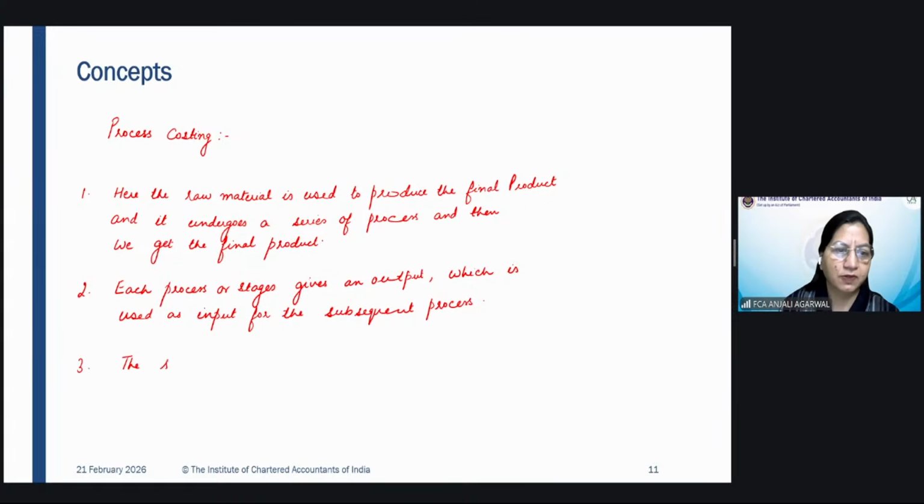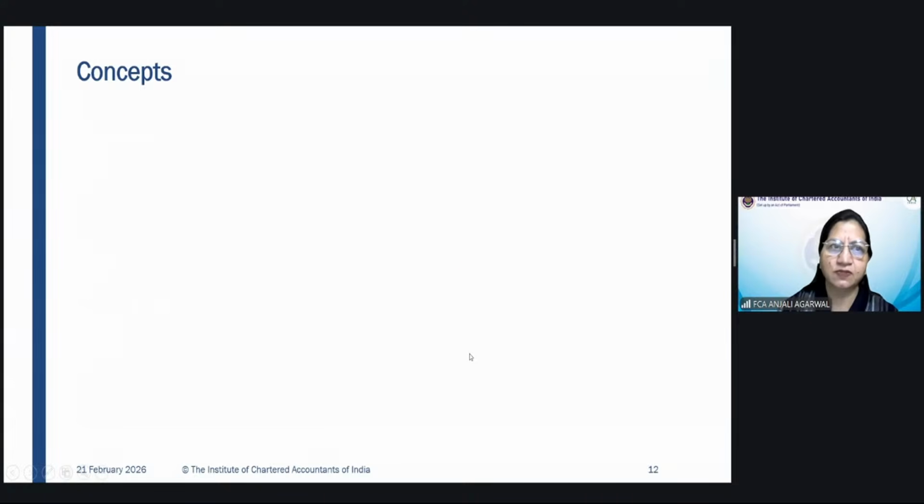A sequence of processes cannot change. So it is not that we can take process 1 first and then process 2 and then process 4 and then 5 and then 3.